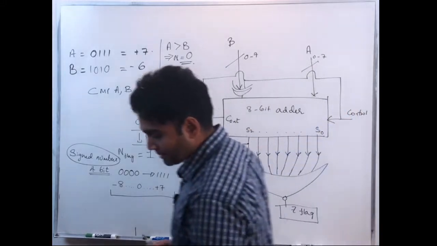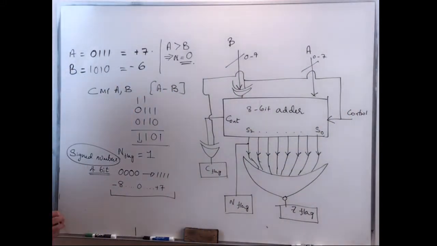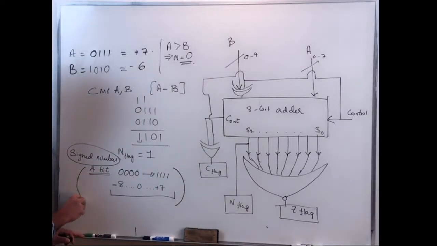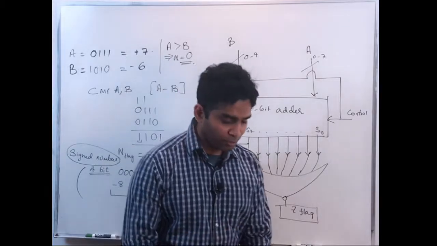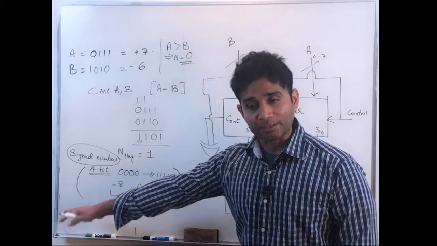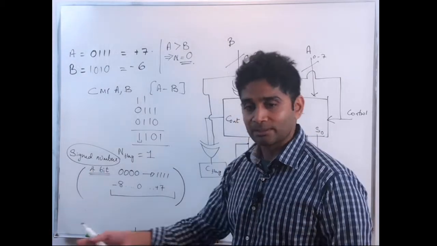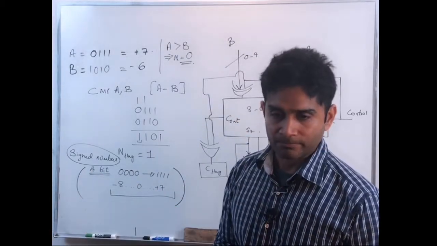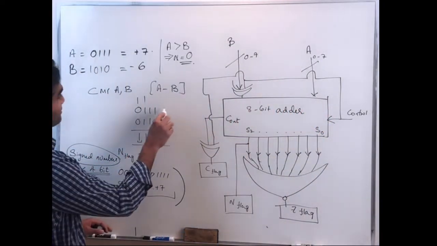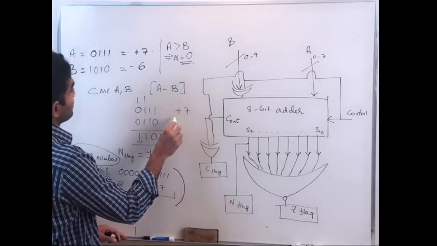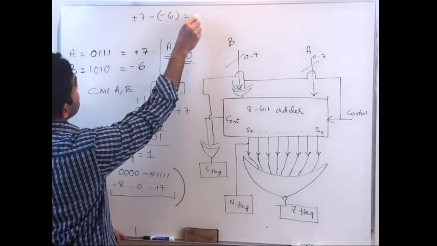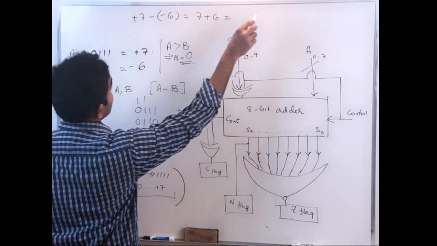You have to remember that. Any operation, either addition or subtraction, that results in a number falling beyond that range, I cannot represent that number in 4 bits. In this case, what I'm doing is +7 minus of -6, which is 7 plus 6, which is 13.